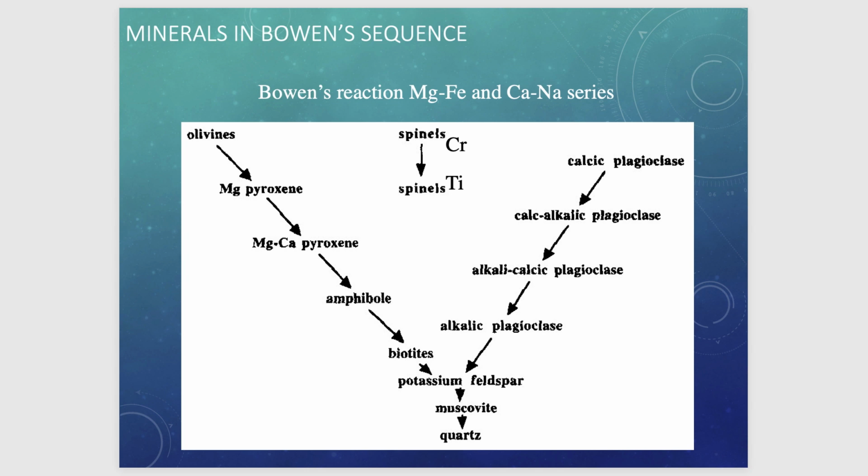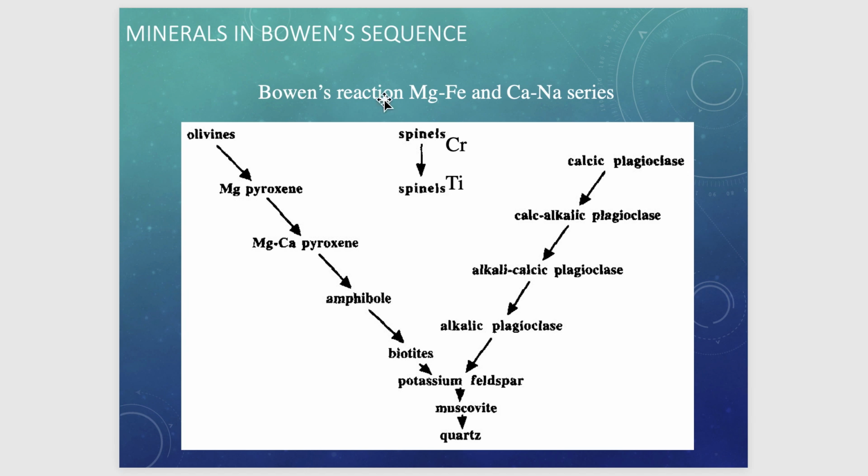So in the Bowen sequence, you can see here the transition in the chemical compositions. It's also important for the classification of the rocks. So quite often highly fractionated rocks that contain trace minerals, the spinels, will be more titaniferous.